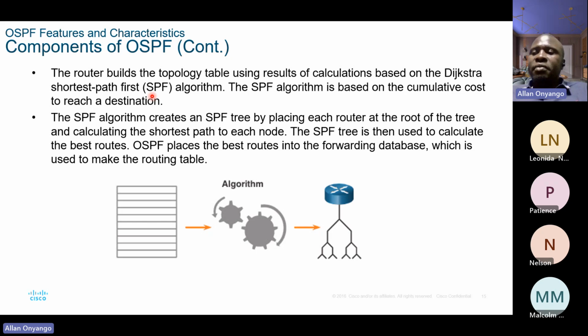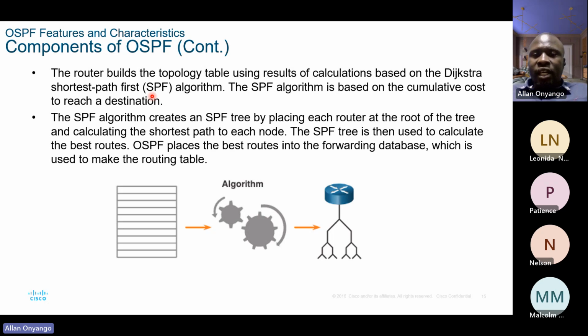Even if one of the networks can be reached in 10 ways, all that information will be on what is called the SPF tree. It will place each router at the root of the tree, and after the whole tree is calculated, OSPF uses the algorithm to calculate the shortest path to reach each and every network.